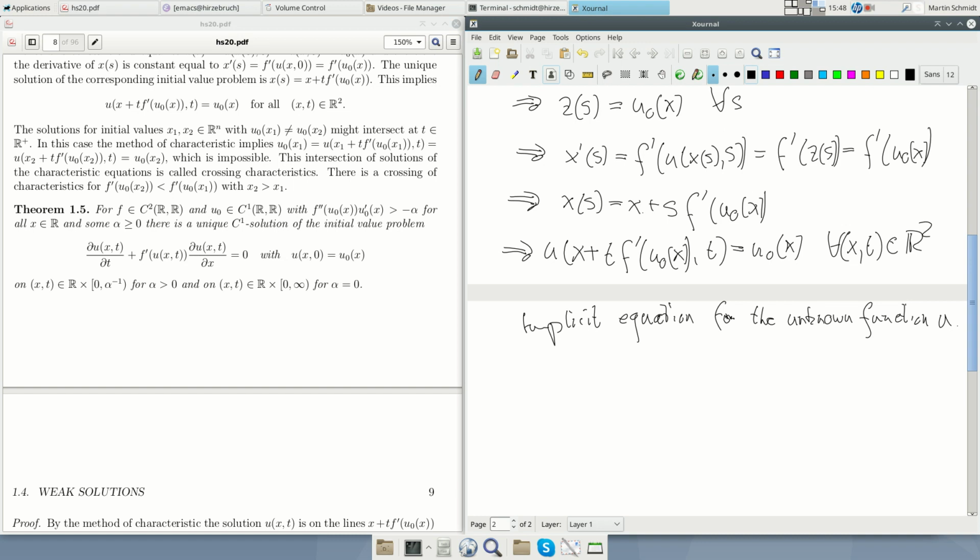So we didn't find an explicit solution, but we found an implicit equation.